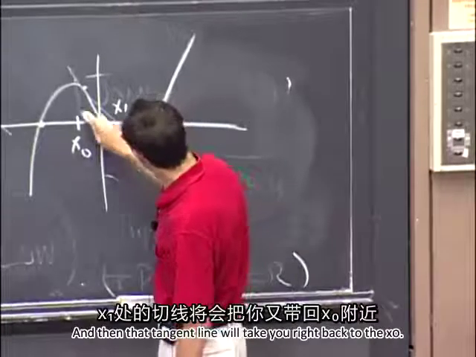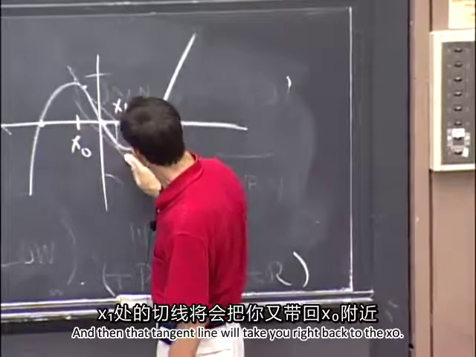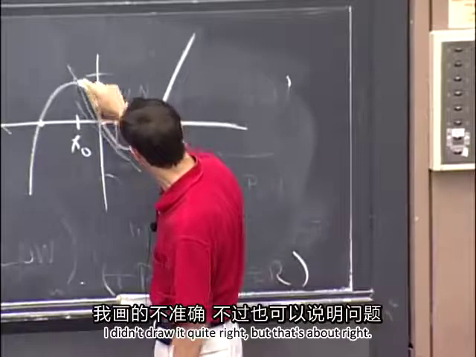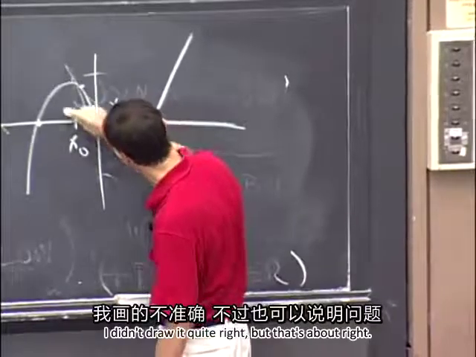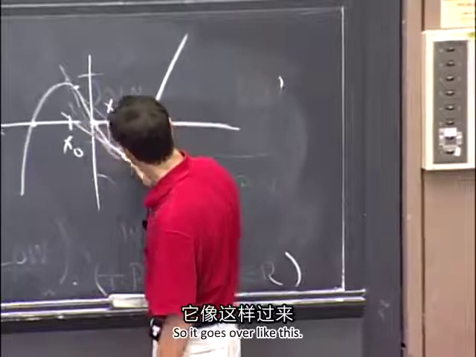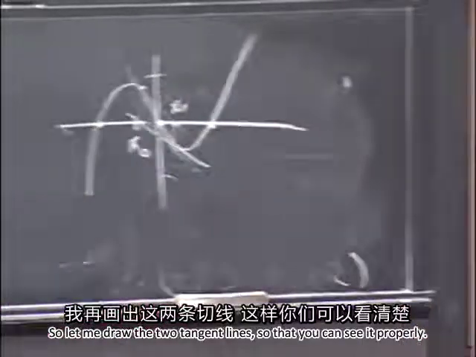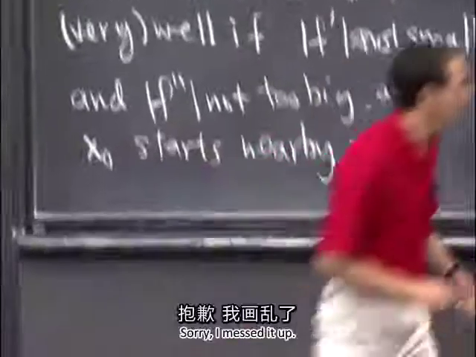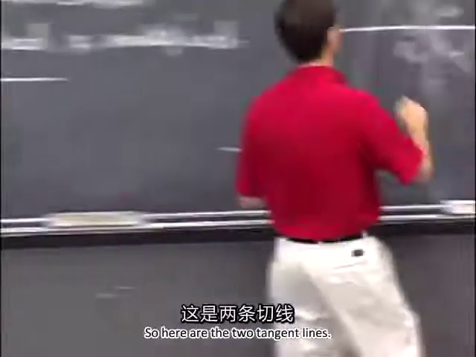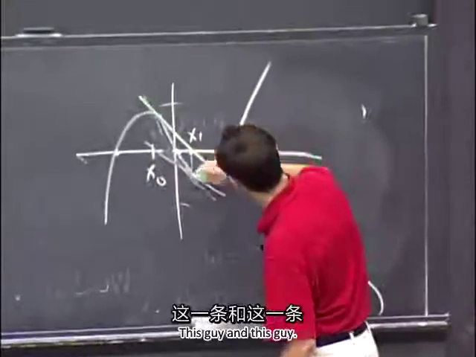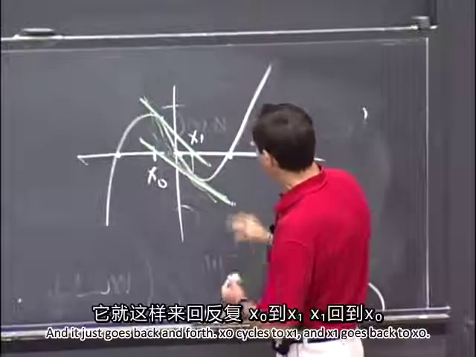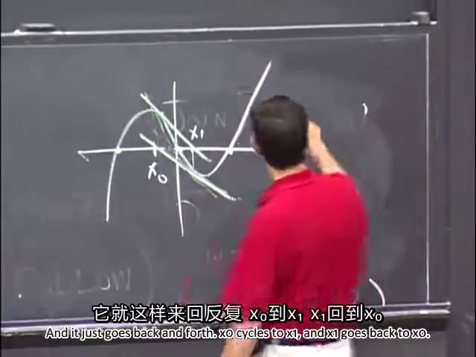And then that tangent line will take you right back to the x0. I didn't draw it quite right, but that's about right. So it goes over like this. So let me draw the 2 tangent lines so that you can see it properly. Sorry, I messed it up. So here are the 2 tangent lines, this guy and this guy. And it just goes back and forth.